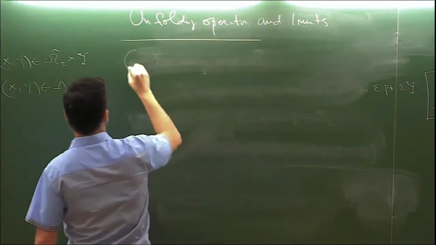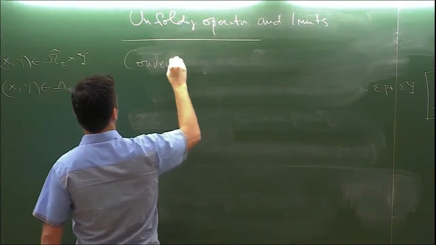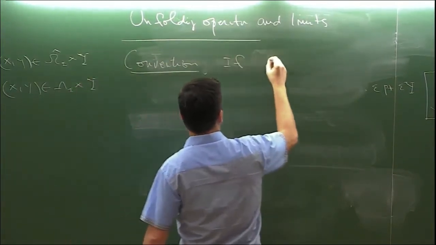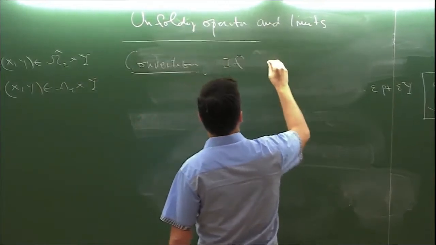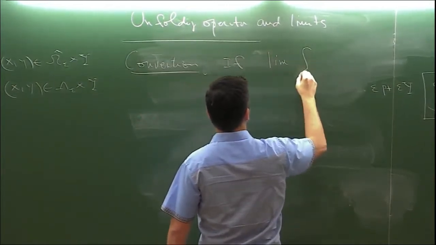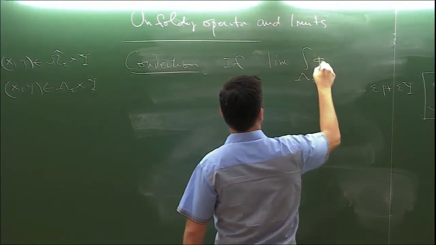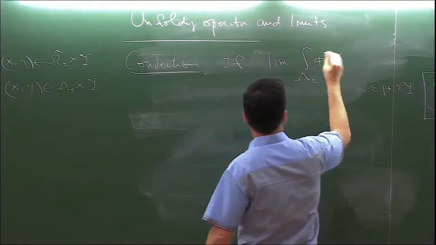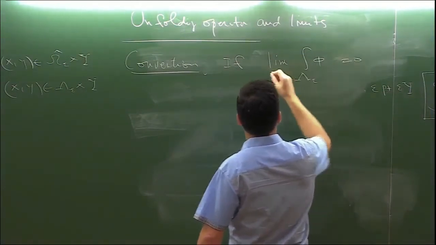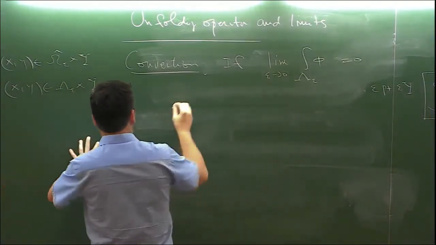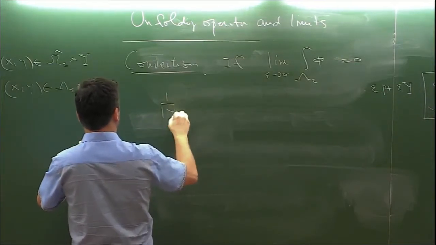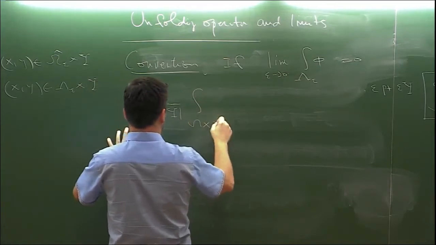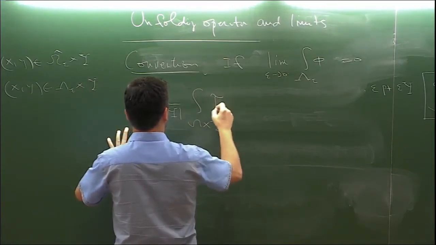The convention will be that if in the limit this integral, where phi can be a sequence depending on epsilon or not, is going to 0, then I could say that I have the unfolding identity, and I'll just write it as an approximate equality.